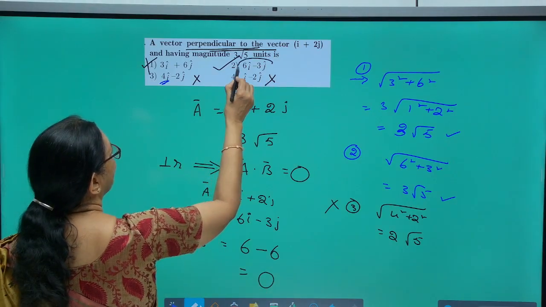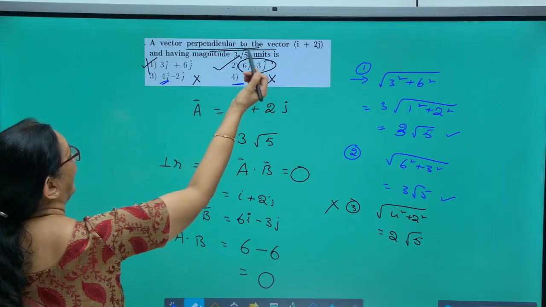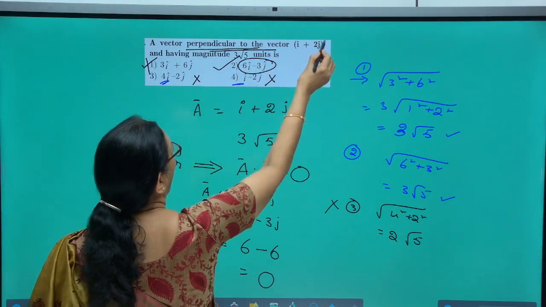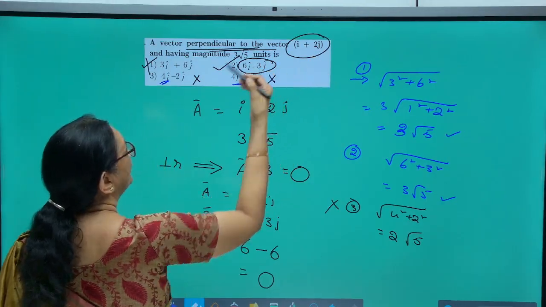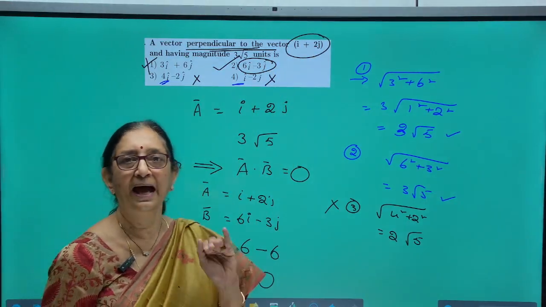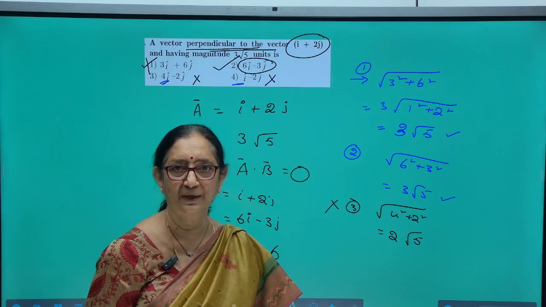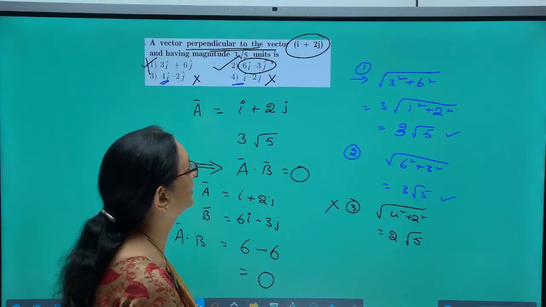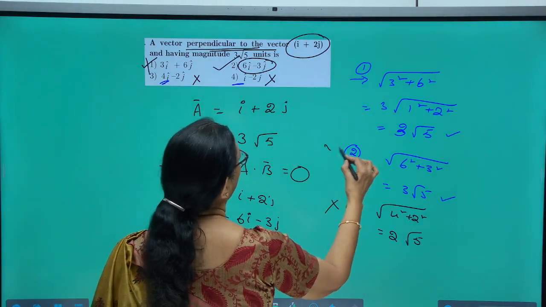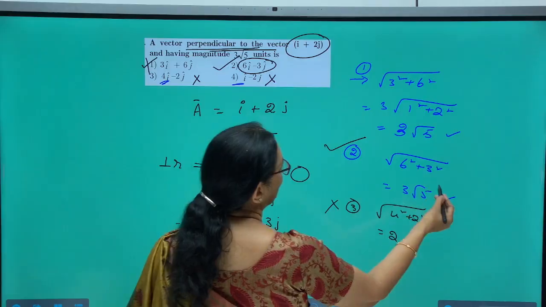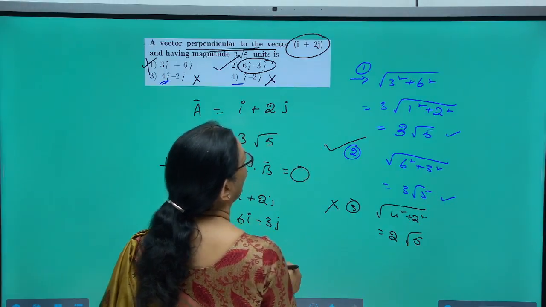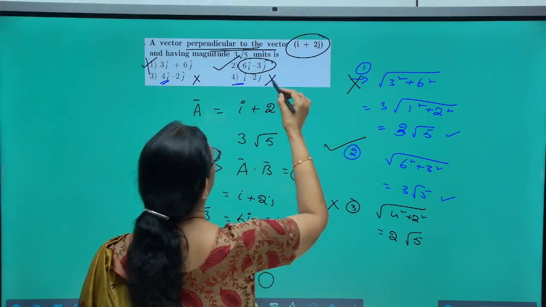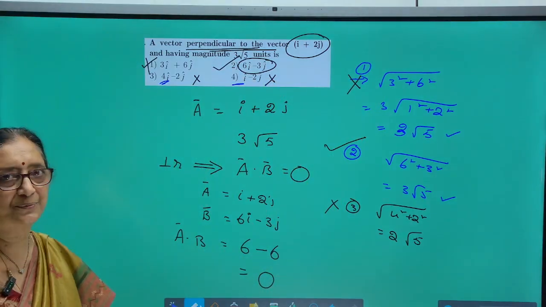So, 6i minus 3j and i plus 2j are mutually perpendicular as their dot product is equal to 0. That condition is satisfied. And the next condition is for this 6i minus 3j, the magnitude is 3 root 5. So, the correct option is the second option.